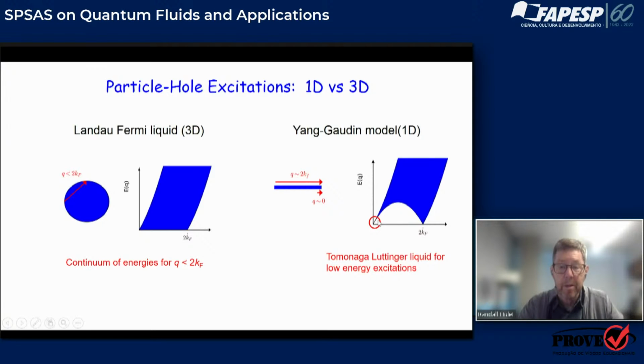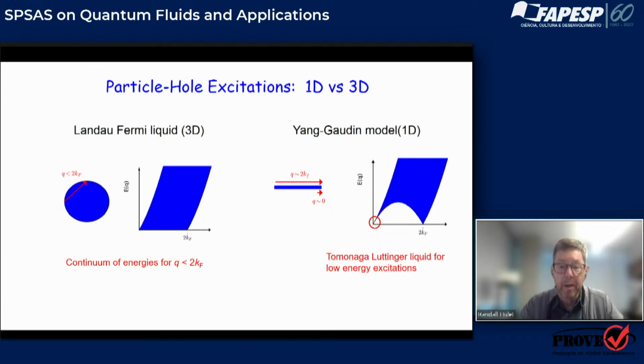You can have excitations near 0 momentum, or excitations that produce 2 kF of momentum. The low energy excitations at very small q are given by this circle. This is the dispersion relation, and you can see that for low energies it is linear, and a linear dispersion relation is what a sound wave has.